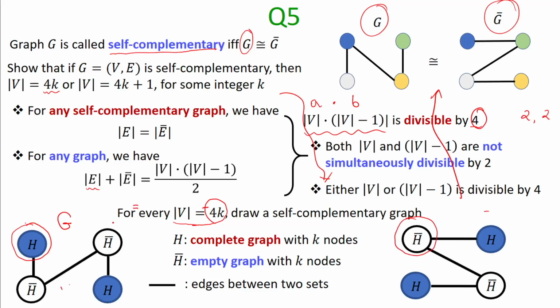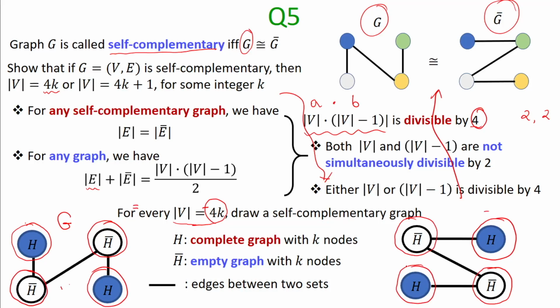Whereas this copy of k nodes will get converted into a complete graph of k nodes. This copy of a complete graph of k nodes will get converted into a collection of k nodes with no edges, and this copy of a graph with k nodes and 0 edges gets converted into a complete graph with k nodes.